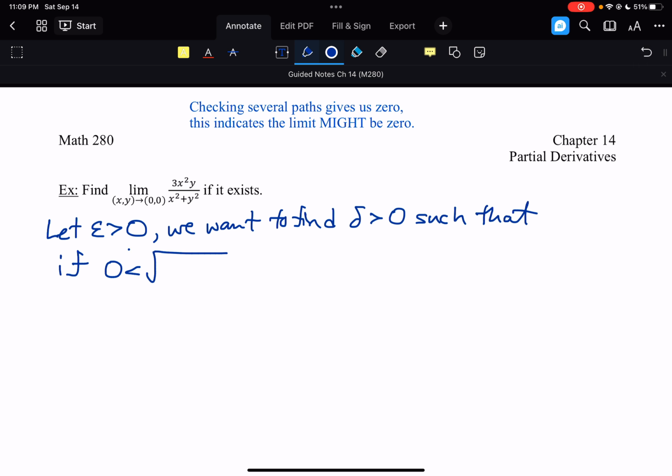So we say the square root of (x minus 0) squared plus (y minus 0) squared is less than delta.